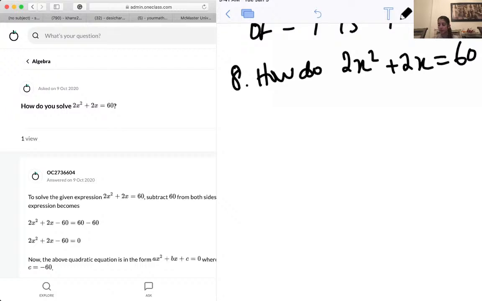What we can do is bring the 60 over to the other side by minusing 60. So if we minus 60 on one side, we have to minus 60 on the other side.